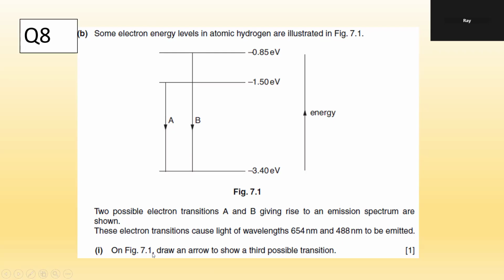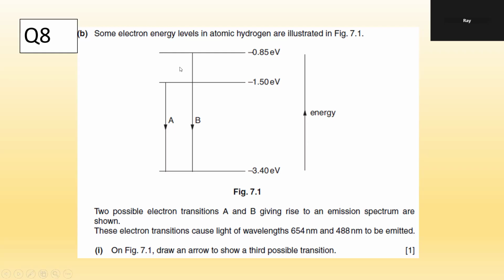On the figure, draw an arrow to show a third possible transition. That should be the third transition. Transition means it changed from one energy level to another energy level. One mark, just draw a line only.